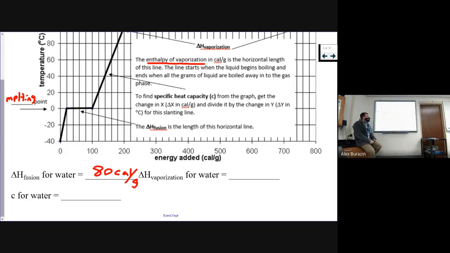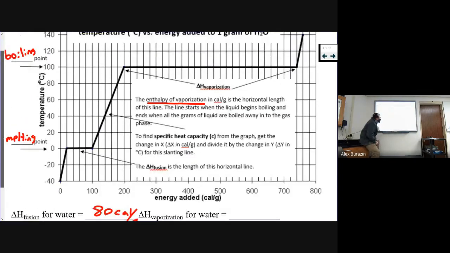The enthalpy of vaporization is the length of that top plateau. The top plateau starts at 200 and goes all the way up to 740. So it's 540 long.